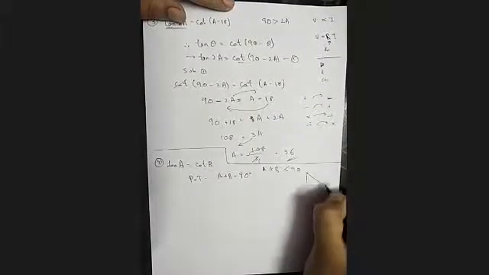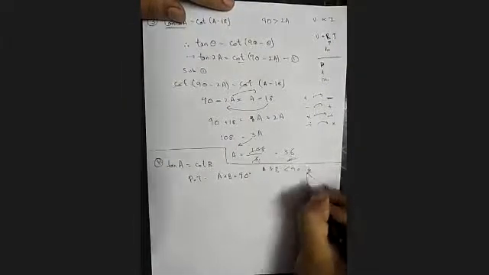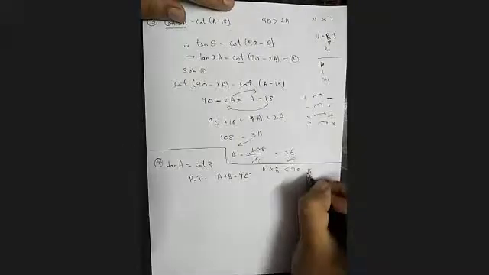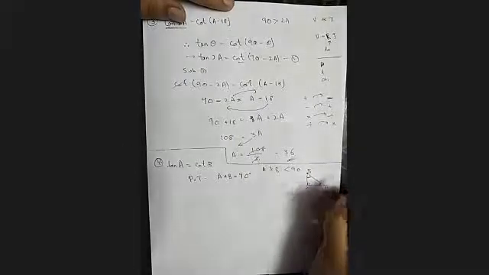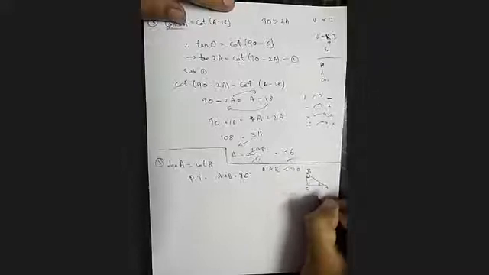So in this triangle, let this be A, this be B, and this is C. So angle A plus angle B should be equal to 90. We have to prove it.